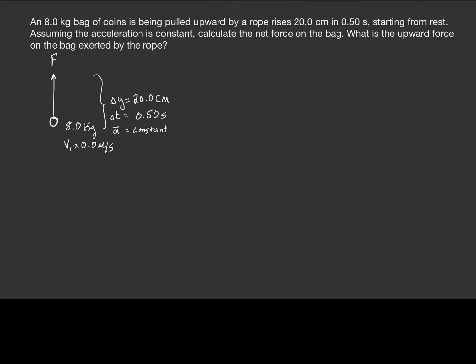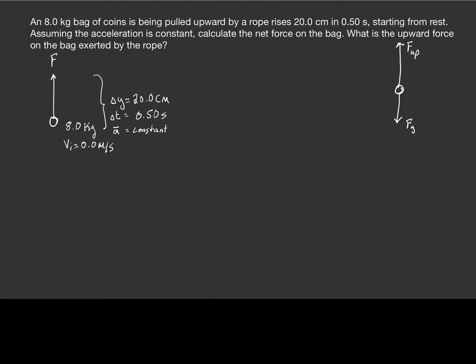So now if we begin thinking about this, if this bag of coins is moving upward, I'm going to come over here to the right side and draw out something to help visualize everything that's going on. Because remember, forces occur in pairs. So that means if this thing is moving upwards, and this thing is also being pulled downwards due to gravity, right?